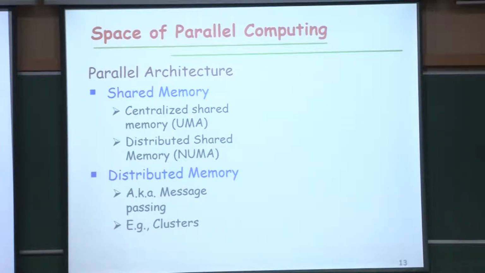Let us now go back to the programming abstractions and how these programming abstractions get mapped to these different architectures. Again, remember, we have this notion of shared memory, and we have this notion of distributed memory or message passing architectures. From the architecture perspective, we said shared memory architectures are either centralized shared memory or distributed shared memory, and distributed memory architectures are also known as message passing architectures.